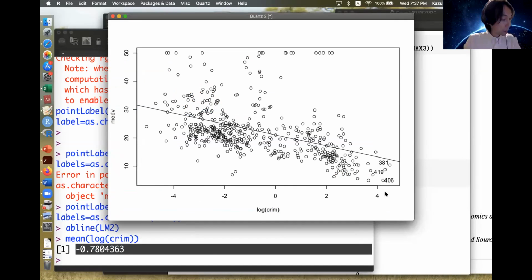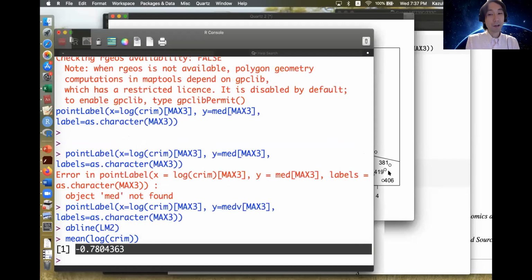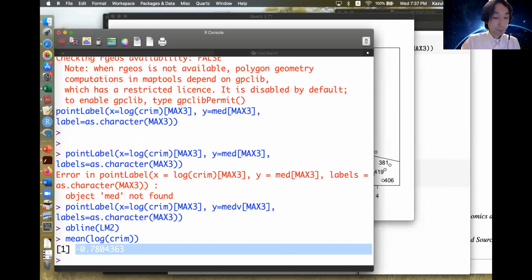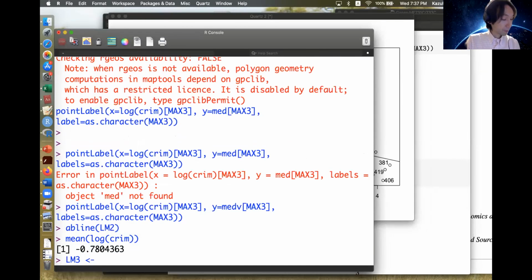So next, we think about the analysis of variance. So we have just one variable, the log of crime rate, to explain the median house value. But what if we use other variables? Maybe we can see the home price against the distance from the city center.